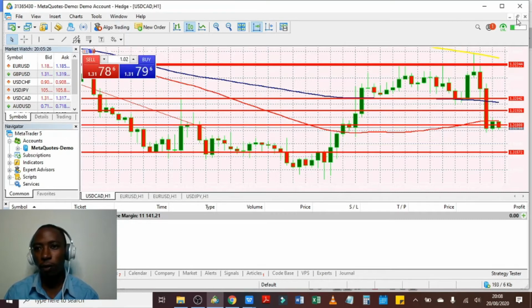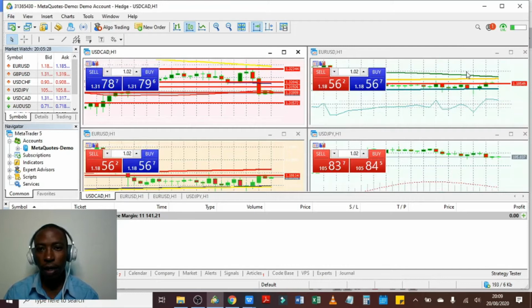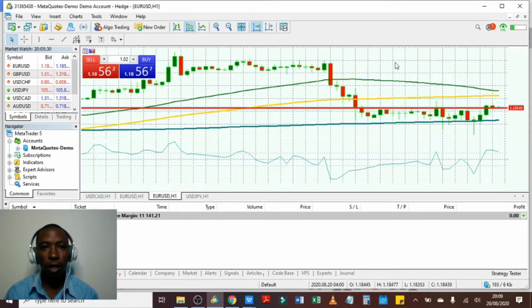Let me go over to another chart, like the EUR/USD chart over there. As you can see, this is the 1 hour chart. During this session, the market was trending slightly upwards. Let me use a trend line from this point all the way to this point.